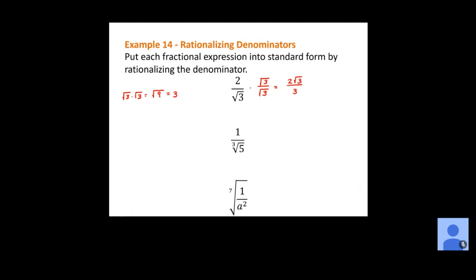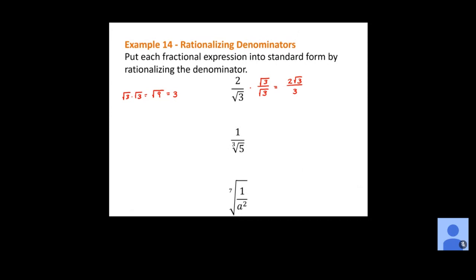Okay, so we could rewrite it as 5 to the negative 1/3, by moving it up and making it a negative exponent. That's still not technically considered rationalized, because 1/3 still represents a radical, and the negative would move it to the denominator. So just changing it to a fractional exponent is not going to rationalize it for us, okay?